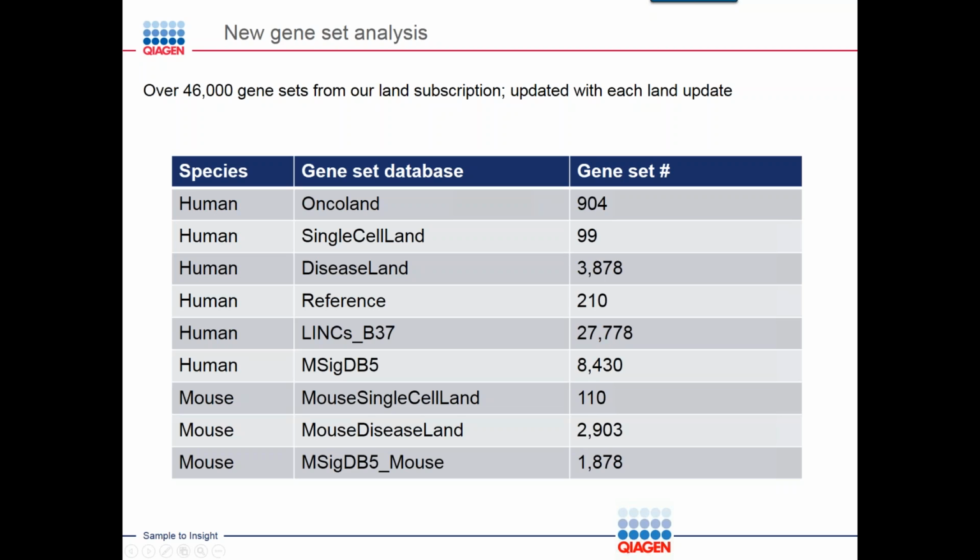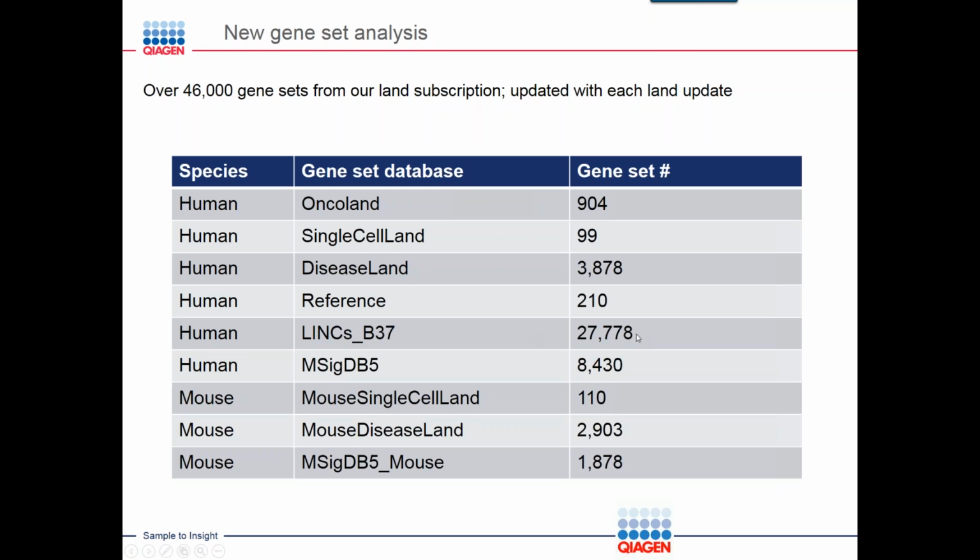So this includes OncoLAN, single-cell LAN, disease LAN, reference. The links LAN is a database of thousands of treatments, treatment data on microarray data sets. So one of the nice things about this project is that it has a huge number of comparisons of different treatments and different times.